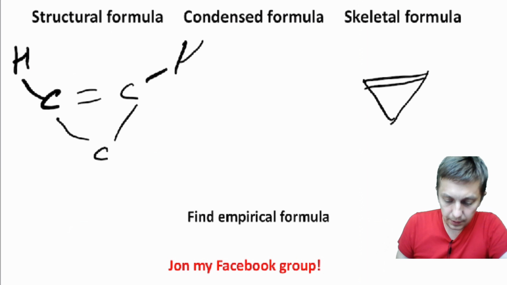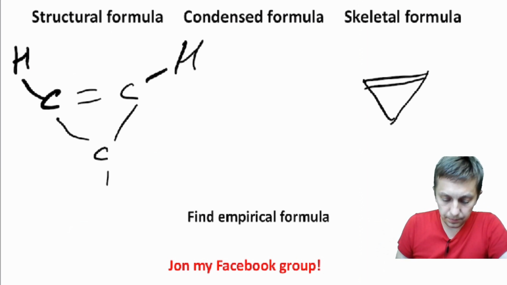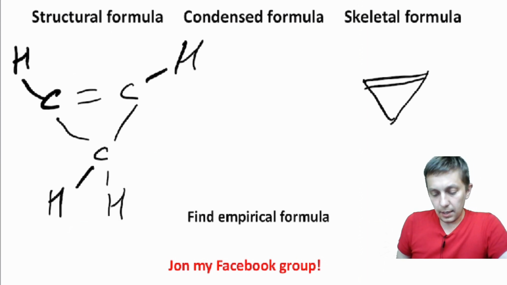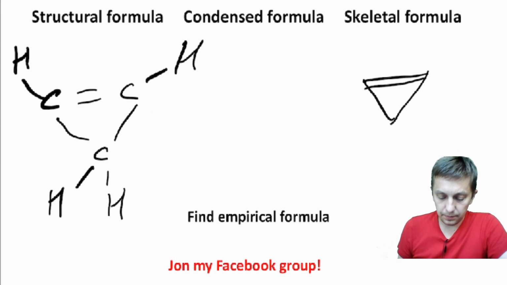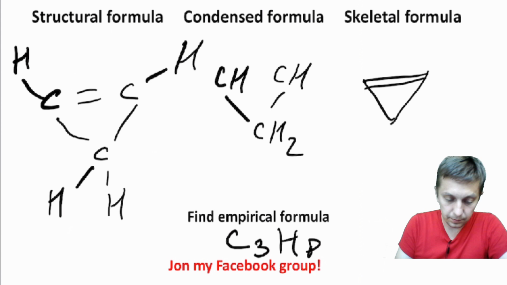Each carbon is connected with 4 different bonds, like this. I won't write the condensed formula, it would be not informative: CH2, and the empirical formula C3H6.